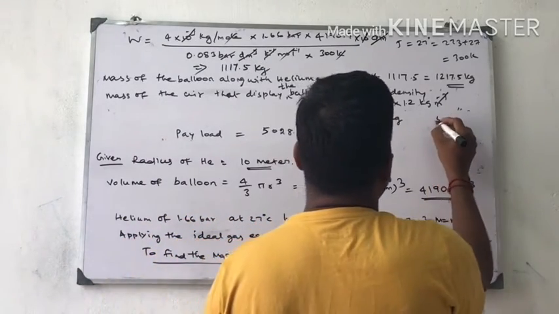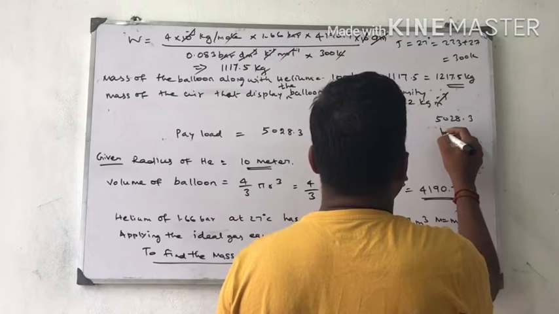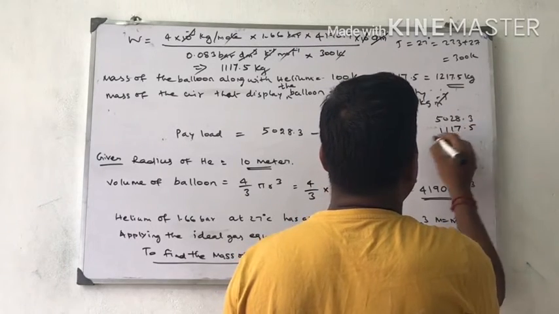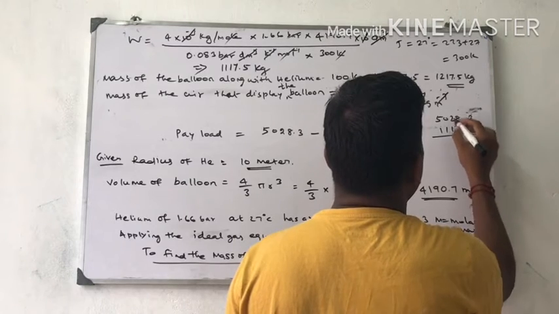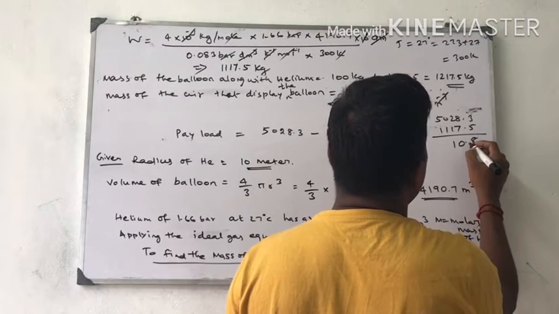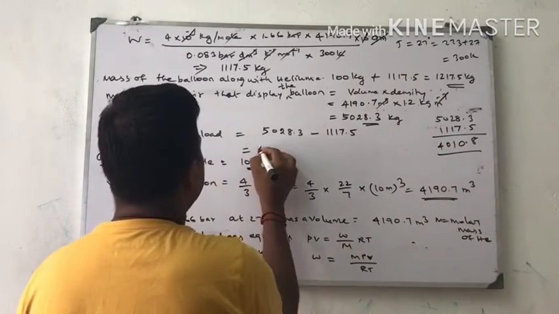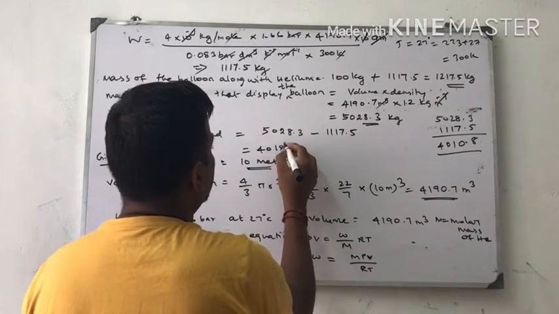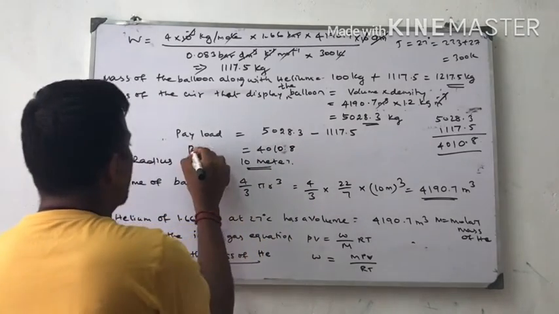Answer is 5028.3 minus 1117.5. So 13, 8, 0, 1, 0, which gives 4010.8. This is the answer.